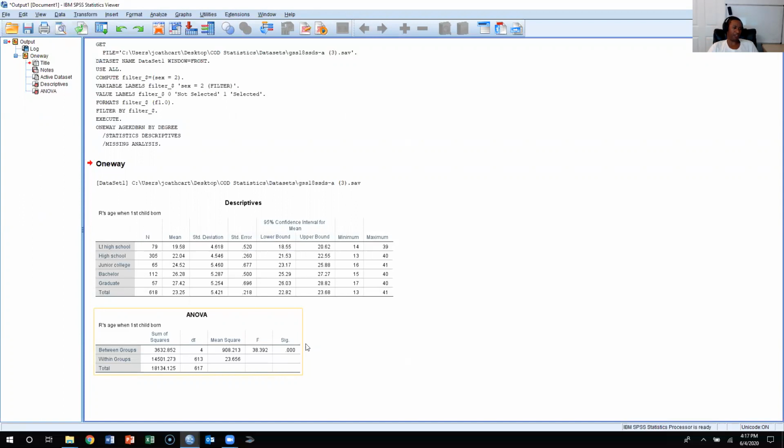And you can also look at the different means and tell that as your education level goes up, the mean goes up. That is, the average age when your first kid is born goes up as your education level increases as well. This is a pretty short video, so that's how you conduct ANOVA.